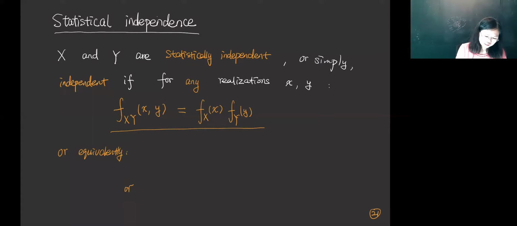So equivalently, x and y are statistically independent if f(x) given y equals f of x for any x and y such that the marginal distribution of y at this little y is positive.